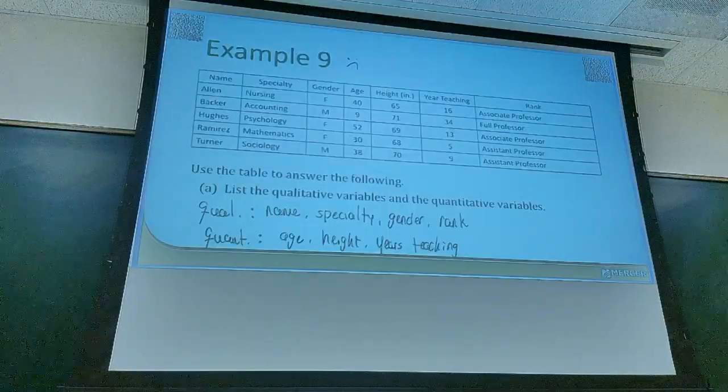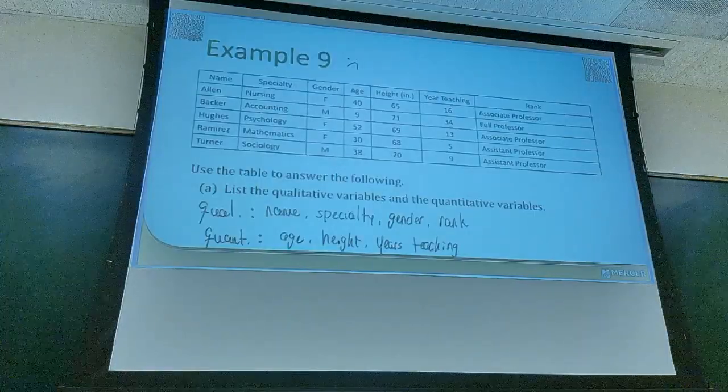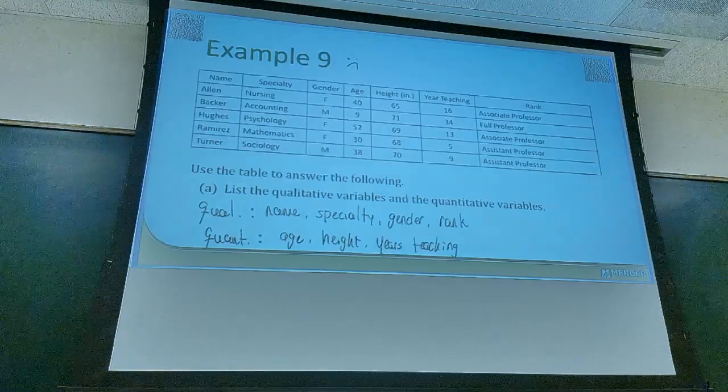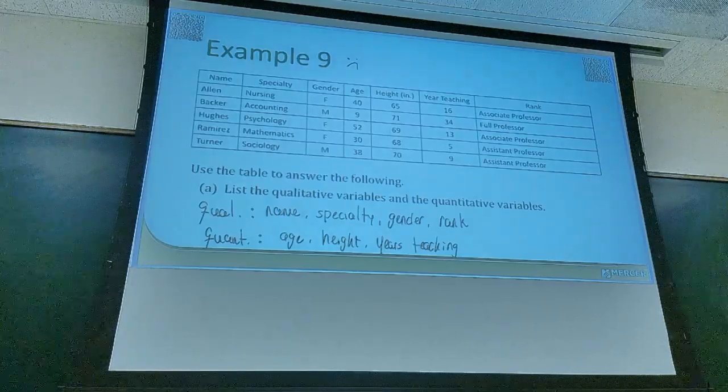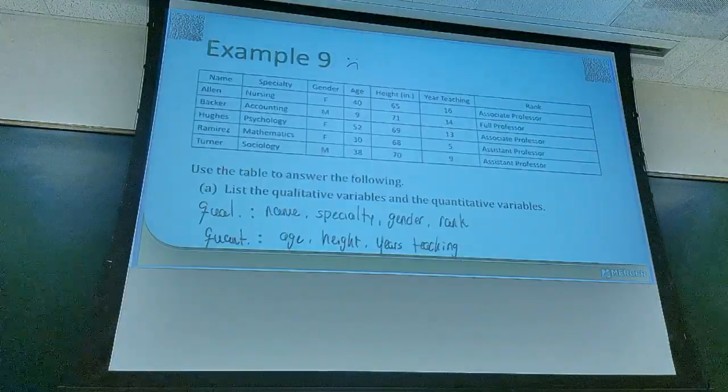There would be issues with that as well in terms of measuring error. How accurate can you get in inches? Is it only going to give you exact inches and no fractions, or is it precise enough to go down to a nano inch, 10 to the minus 9? That's going to dictate whether it's discrete or continuous.